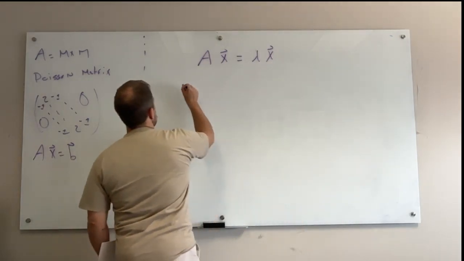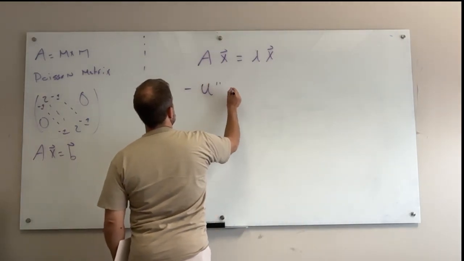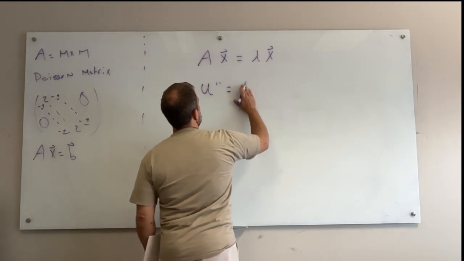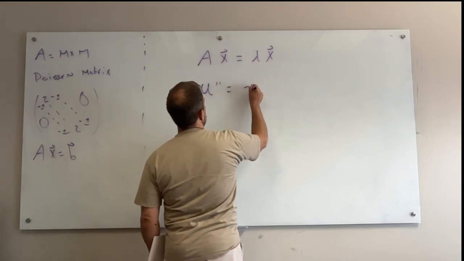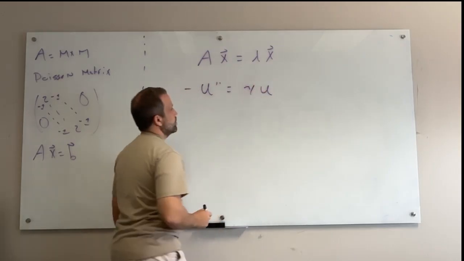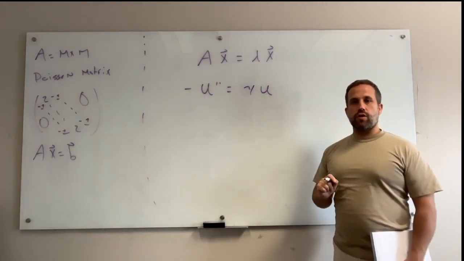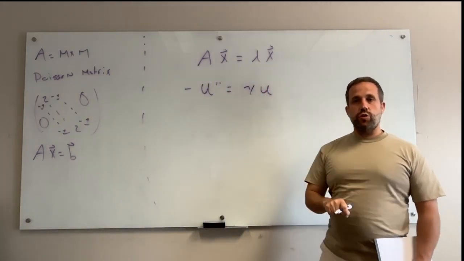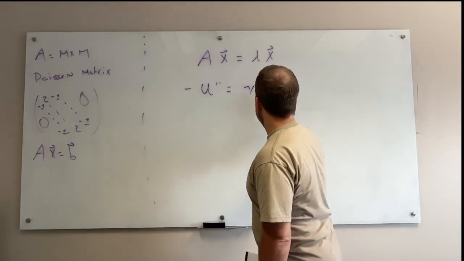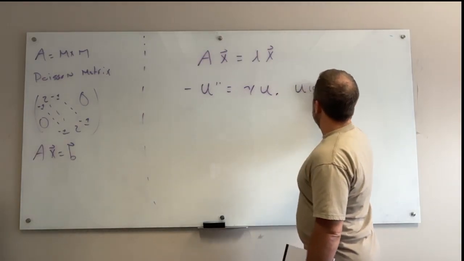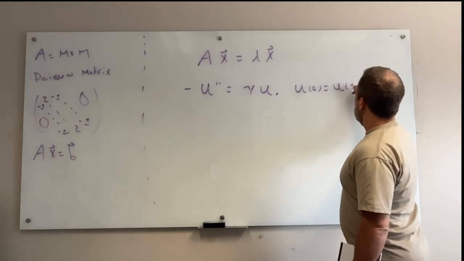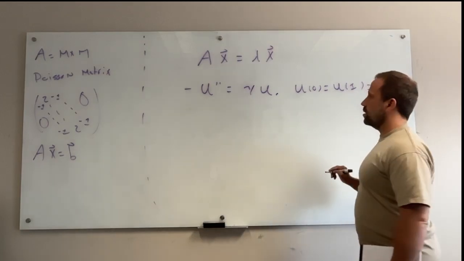So this would be something like minus u double prime equals gamma times u. I'm going to use a different letter. And then the Poisson matrix we're looking at corresponds to the conditions u of 0 equals 0 and u of 1 equals 0. So we've got u of 0 equals u of 1 equals 0.